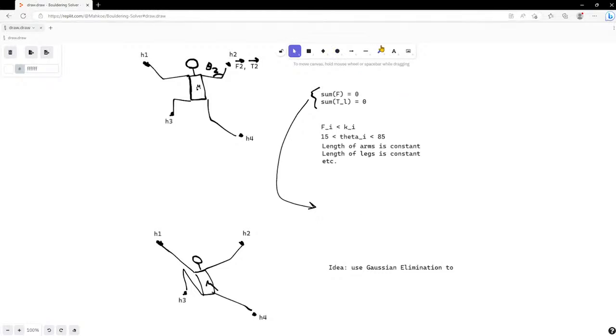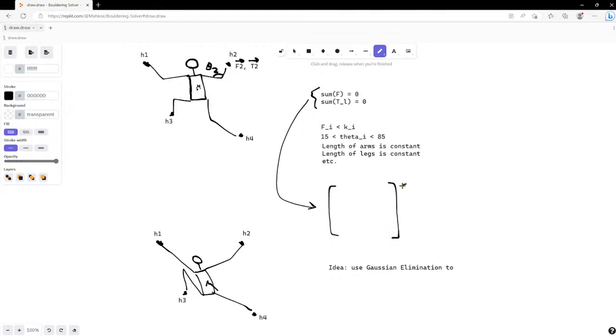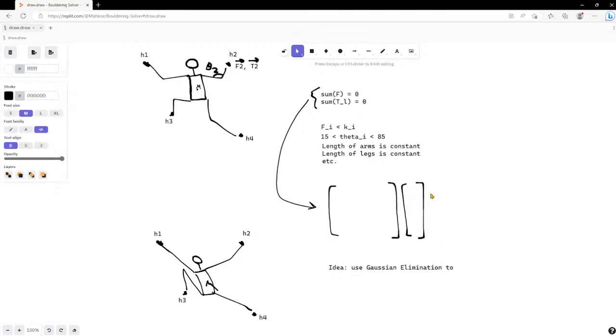So we're going to have some matrix times the positions, all right, times, so I could call this F1x, F2x, F1y, F1z, etc., all the way down to the torques as well. So down to T4x, T4y, T4z.